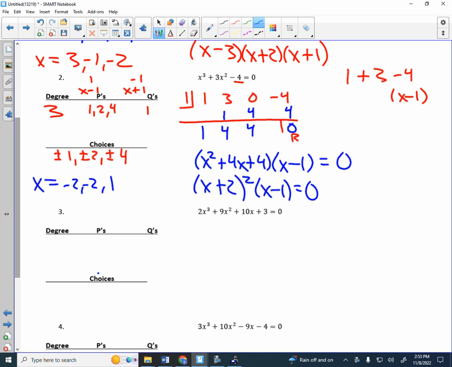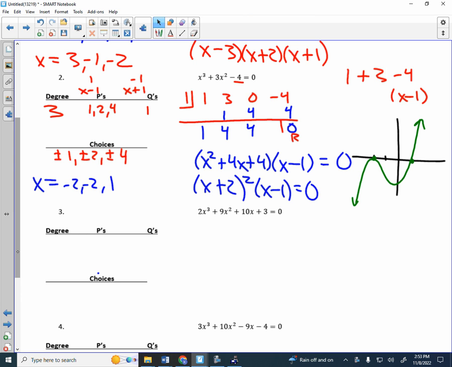Could we graph it if we wanted to? Yeah, super easy, right? Just to bring back what we learned the other day, it crosses through -2 and it crosses through +1. And it has a double root at -2. So I should see that kind of a graph from you.